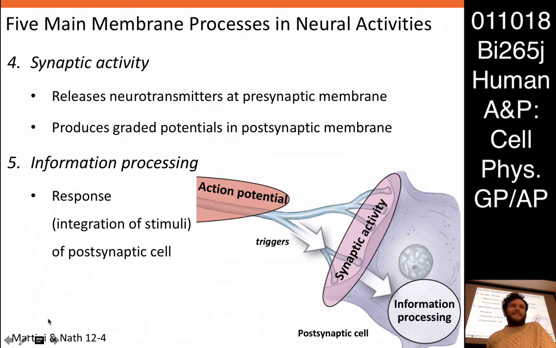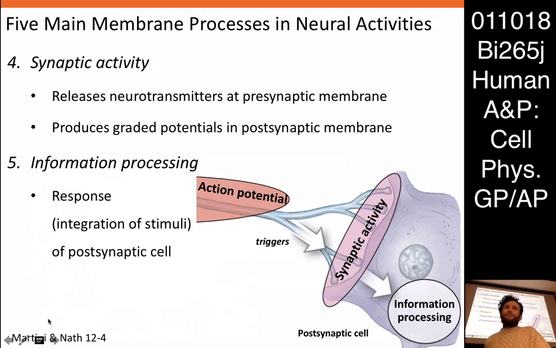And a synapse, or synaptic activity, is simply the release of neurotransmitter from the end of that synaptic terminal into the synaptic cleft, and it's going to stimulate a graded potential on the other side, on the receiving neuron, the next neuron down the chain.